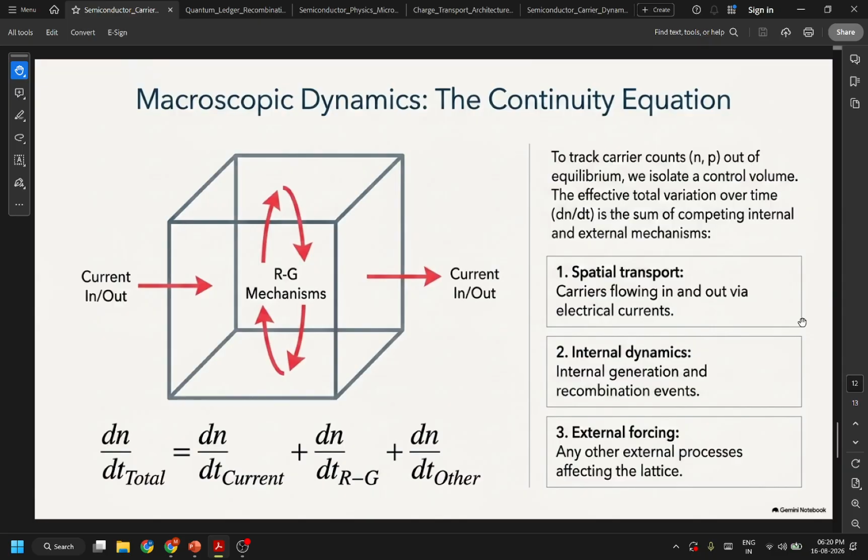There will be internal dynamics, which are internal generation and recombination events, and there can be external forcing, which can be any other external processes affecting the lattice. So you will have dn/dt total equals dn/dt current plus dn/dt RG plus dn/dt any other mechanism.